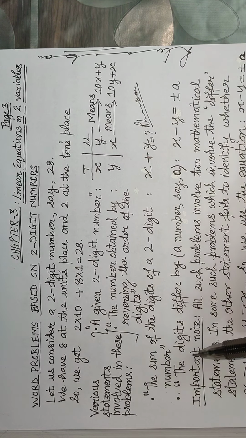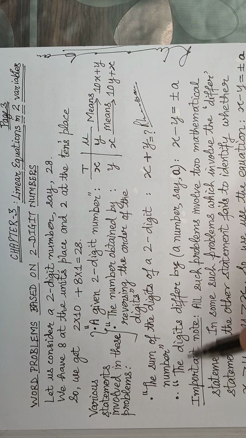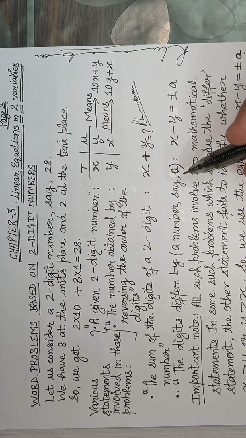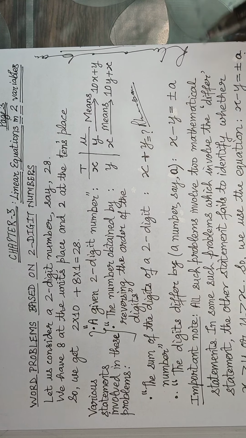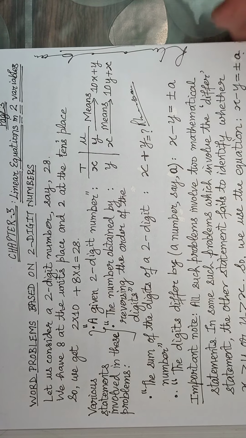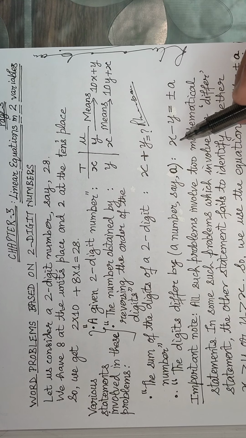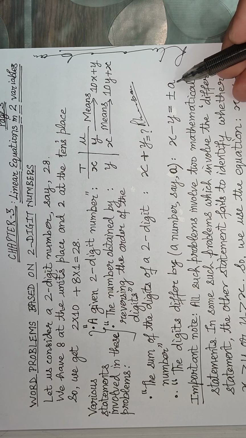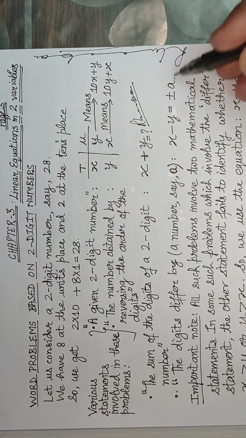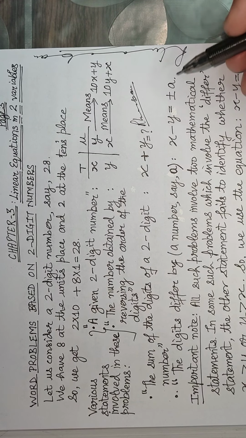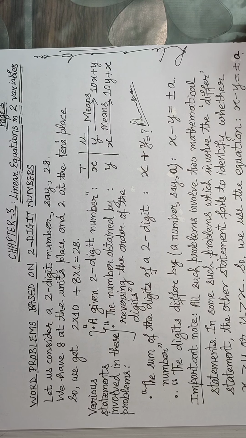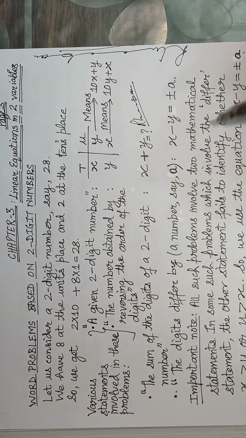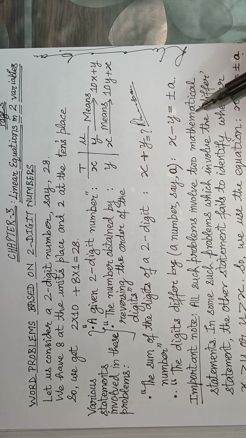Say the question involves the digits differ by a number, say a. Then the equation will be x minus y equal to plus minus a. Now, why plus minus a? Why not just a? Because in all such problems, they involve two mathematical statements.